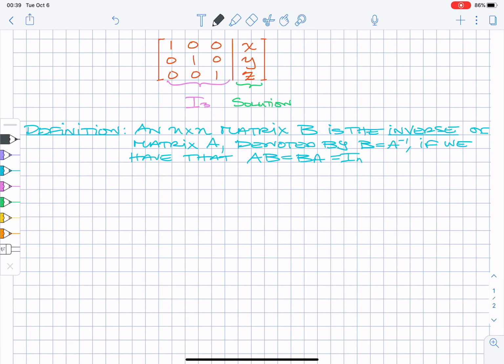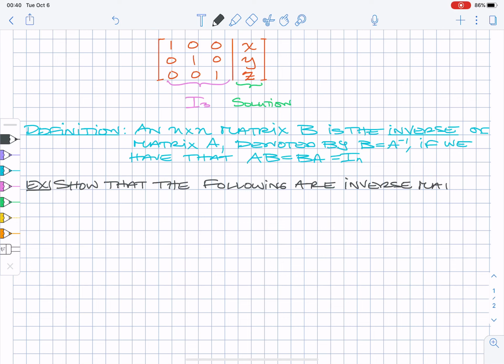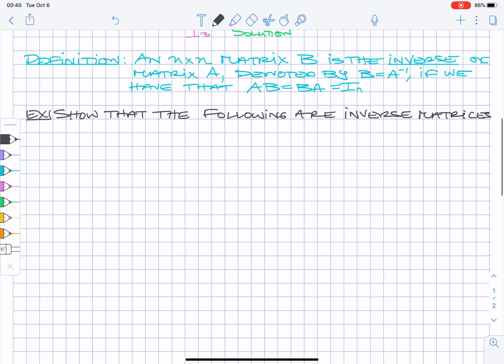Okay, so for example, show that the following are inverse matrices. Okay, so number 1, let's say we have matrix A is given as 1, 2, 1, 3. And matrix B is given as 3, negative 2, negative 1, 1.